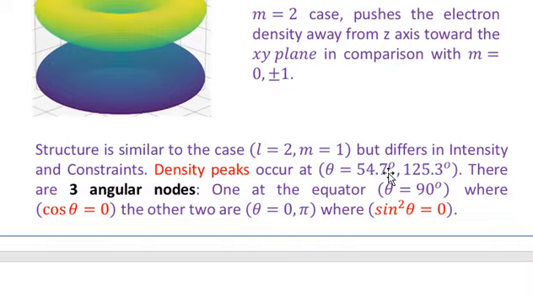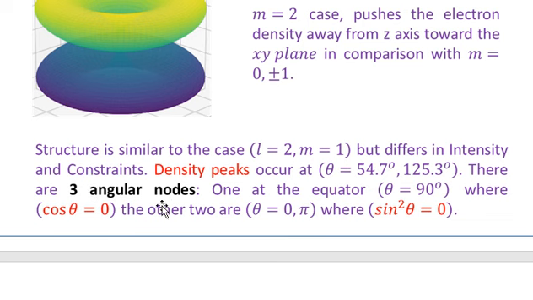That is, the line that you draw at this angle will pass through z is equal to 0, and the line drawn at an angle of 125.3 degrees will also pass through z is equal to 0.